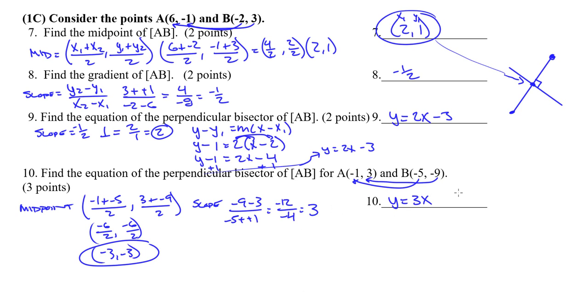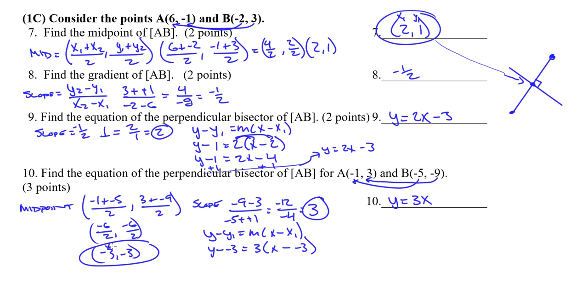So we know it's y equals 3x, and then we just have to find the y-intercept. We can do that by plugging this into the point-slope formula. So let's see, we do y minus negative 3 equals m, which is 3, times x minus negative 3.